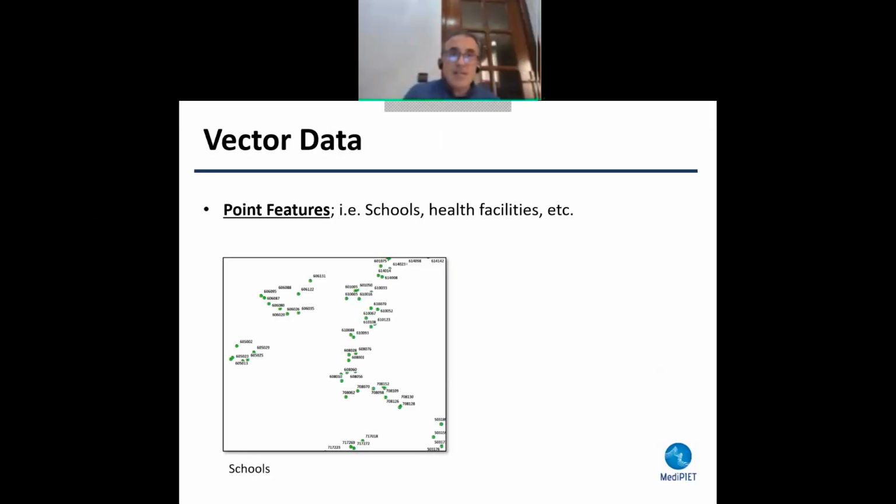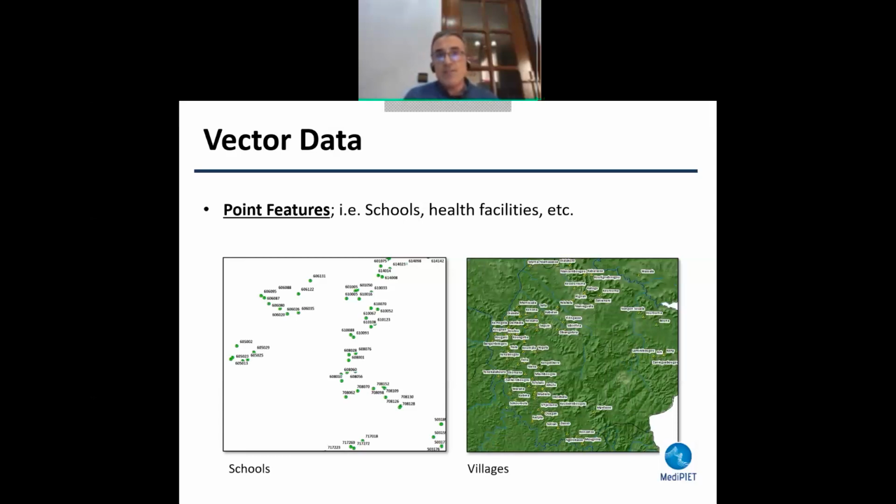Let's look at a few examples, more visually or graphically. This is an example of a point feature. On my left-hand side, I have a map, a layer with schools. We have a label for every school, which is provided with a position, with a coordinate. And on the right-hand side, we have a map with villages.